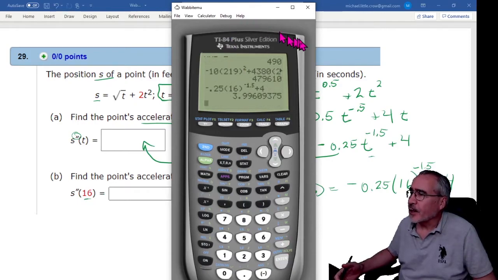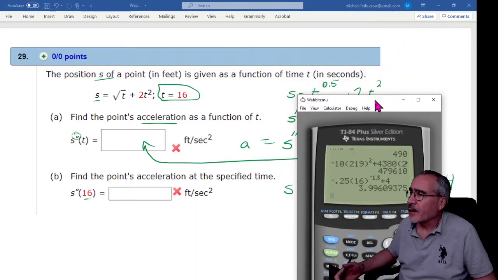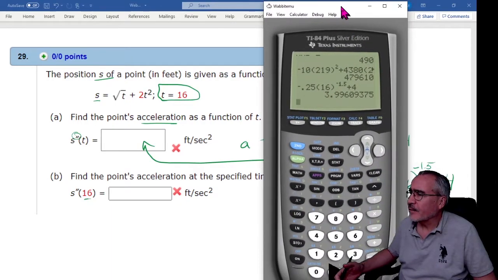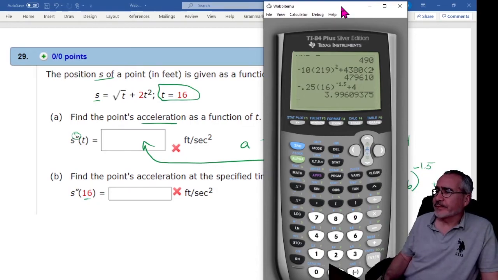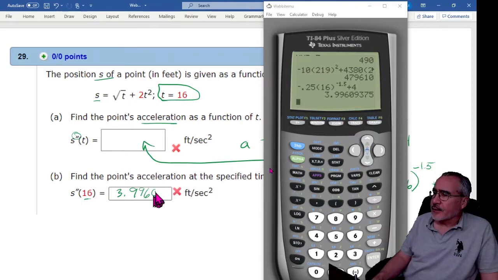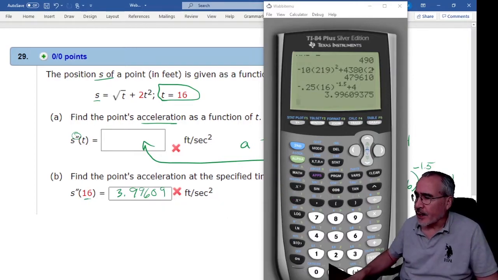Did they tell us how many decimal places they wanted? It's so many feet per second. Let's go with 1, 2, 3, 4, 5 decimal places, and then just not really any rounding.